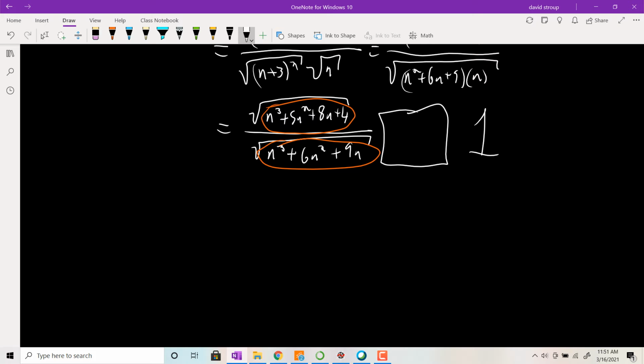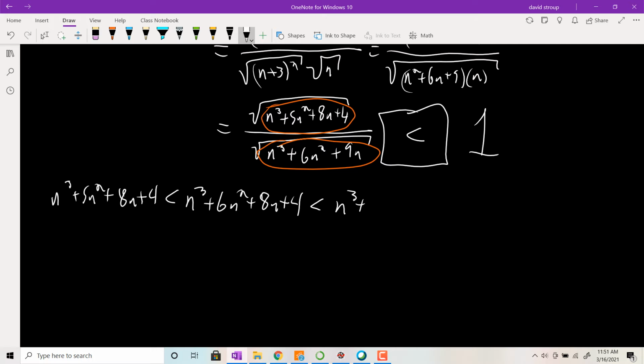So I'll just kind of show why that's true over here to the side. n cubed plus 5n squared plus 8n plus 4 is definitely less than n cubed plus 6n squared plus 8n plus 4, which is definitely less than n cubed plus 6n squared plus 8n plus n, when n is greater than 4.